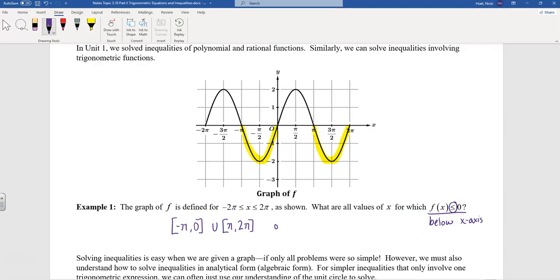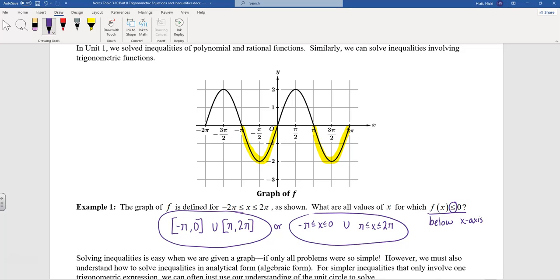Or you can write it this way, negative pi is less than or equal to x less than or equal to 0 with pi less than or equal to x less than or equal to 2 pi. So you can use either type of notation here. They're going to accept either one. You don't have to have them both.